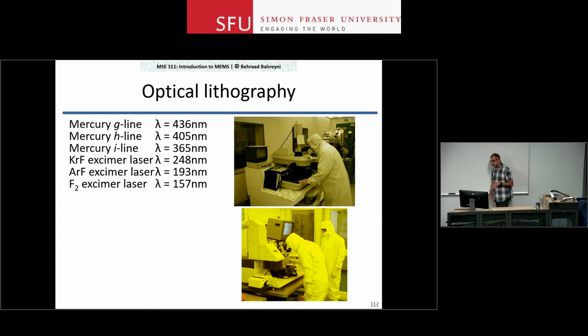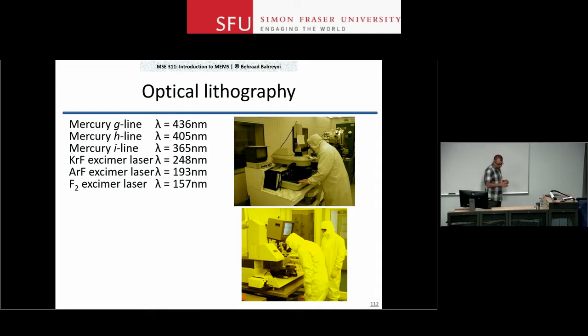Depending on the application and actually how much money you have, you can use different UV sources. We'll see that the wavelength of the light that you use is going to be very important to how small a feature you can pattern. But we give them some names, right?